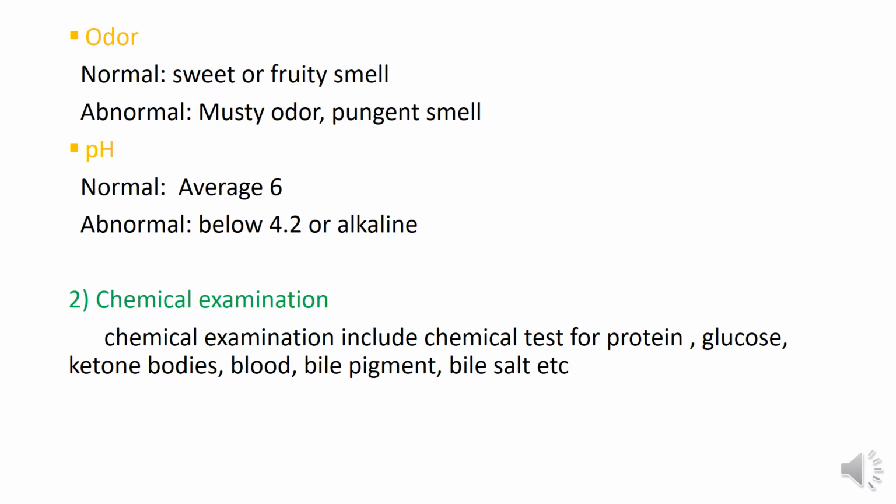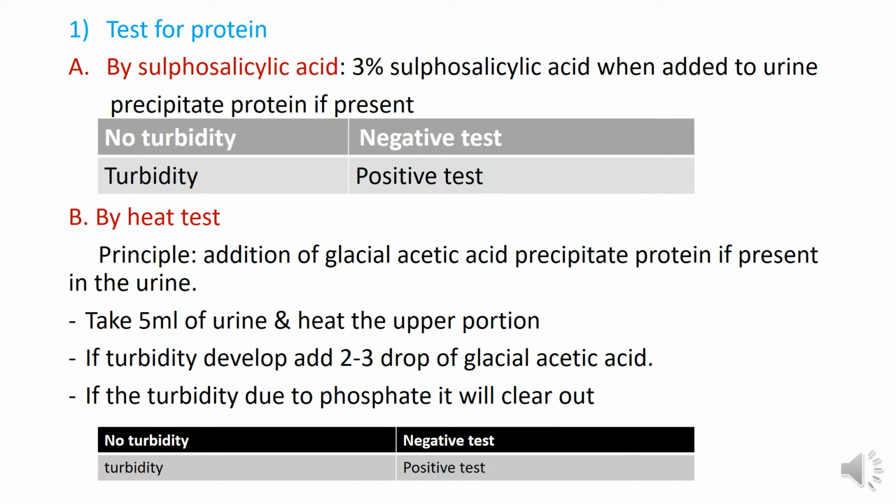Next is chemical examination of urine. The routine urine analysis includes chemical testing for protein, glucose, ketone bodies, occult blood, bile pigment, bile salts, etc. We will study them one by one.